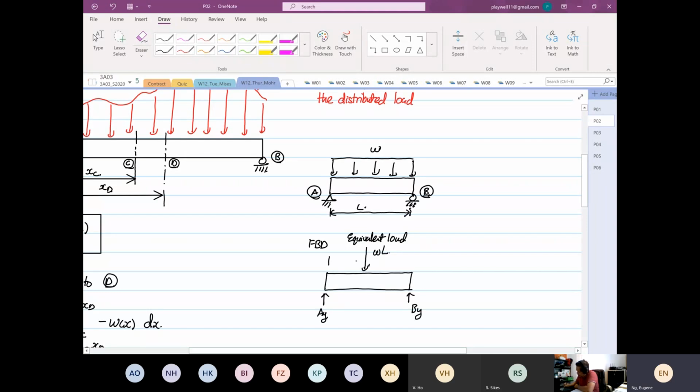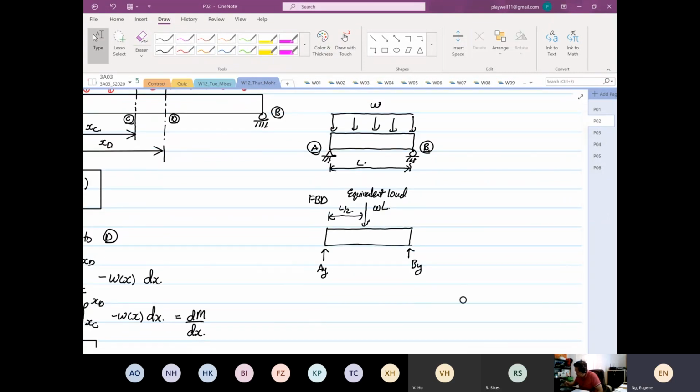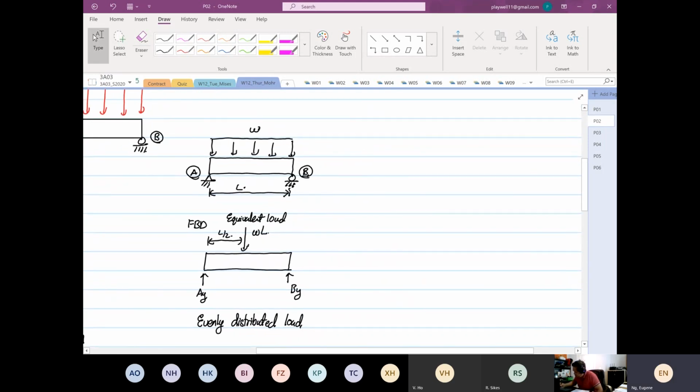And the distance from here to here is L over 2. Straightforward, right? So this is what we call a condition of evenly distributed load.